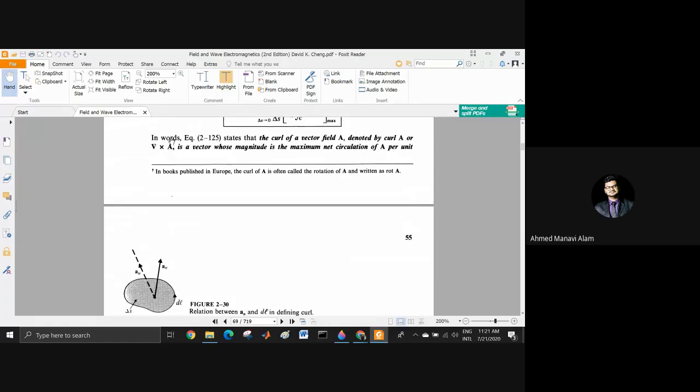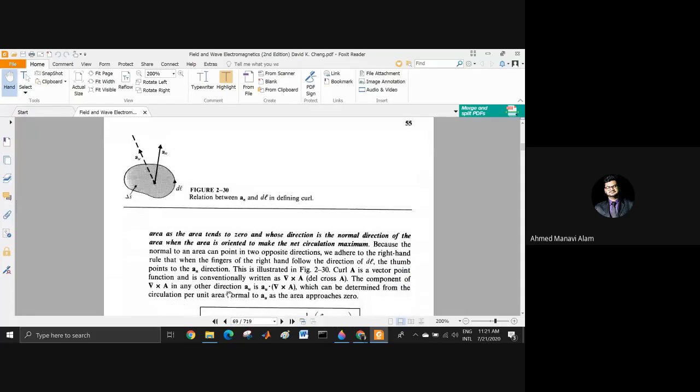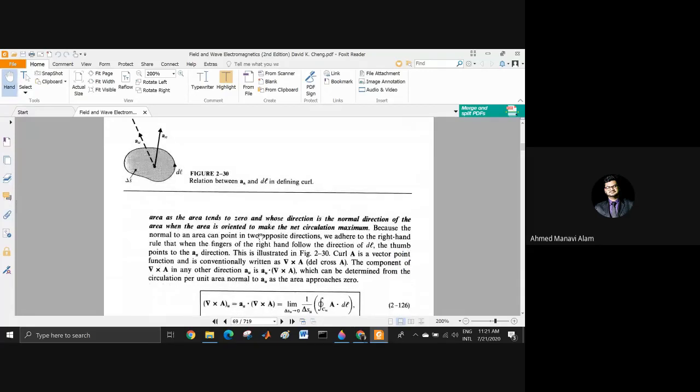Sometimes it is called delta, some say nabla, whatever you choose. So nabla cross A is a vector whose magnitude is the maximum net circulation of A per unit area as the area tends to 0, and whose direction is the normal direction of the area when the area is oriented to make the net circulation maximum.